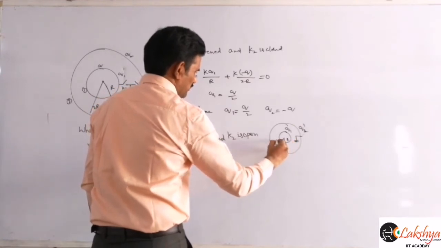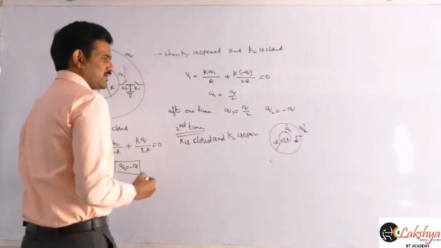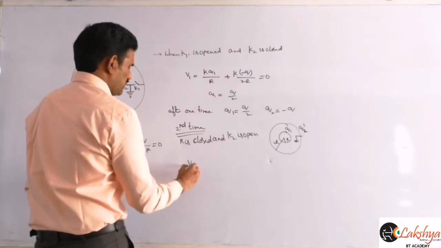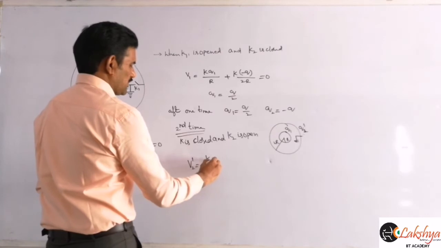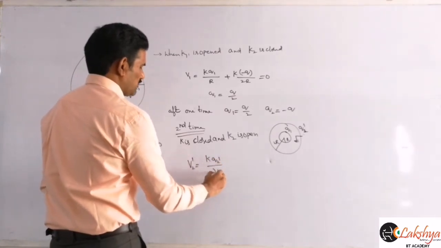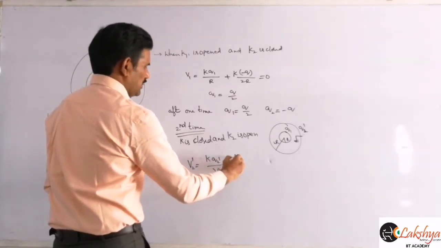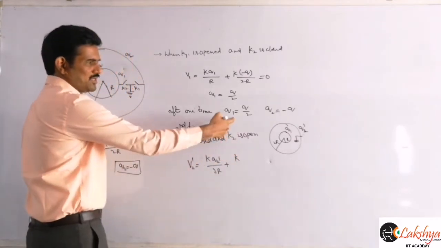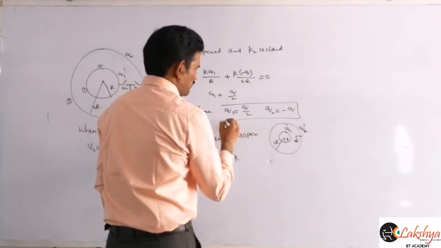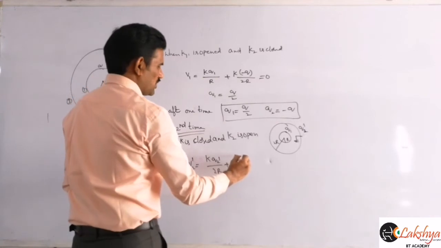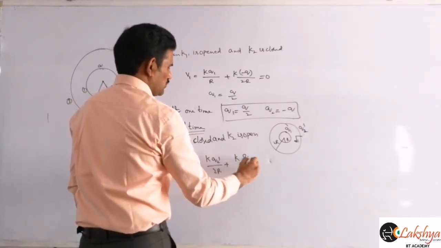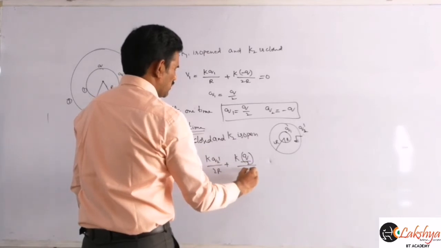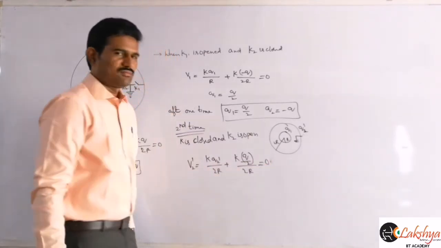Therefore the potential of this second shell is kQ2 dash by 2R plus kQ1, after completing the first step, so k times Q by 2 by 2R. This value is equal to 0.